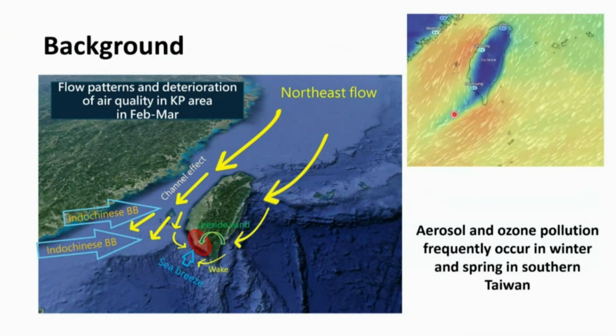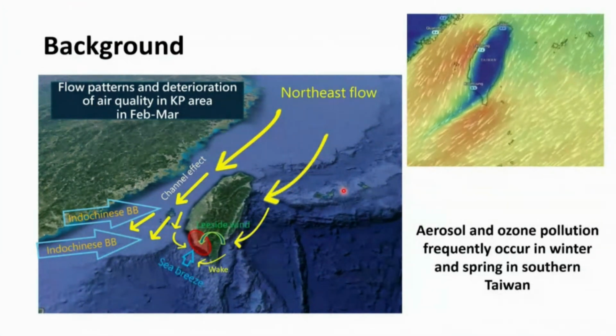So you see the hotspot is right here, affected by many effects like the flow, terrain, sea breeze, and the wake. This is why we are very interested in what causes the air pollution in southern Taiwan in this particular season, winter.